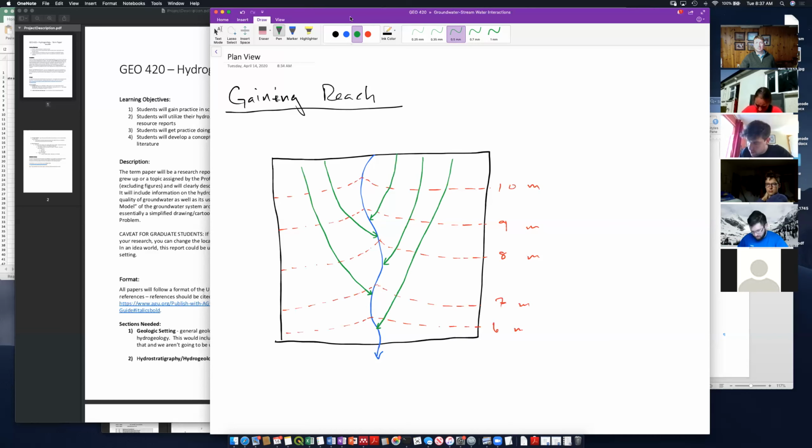This V pattern here is the classic gaining reach pattern. So this is map view of a gaining reach.